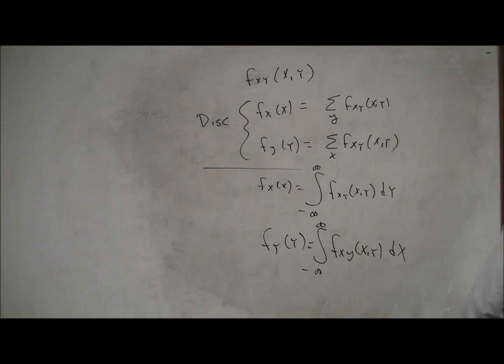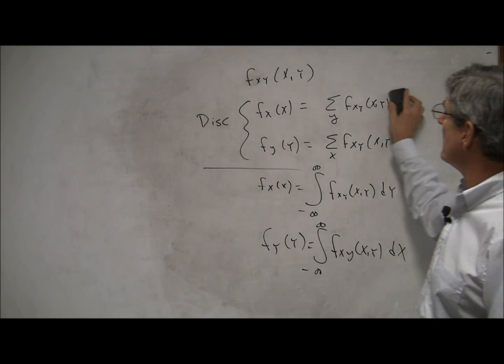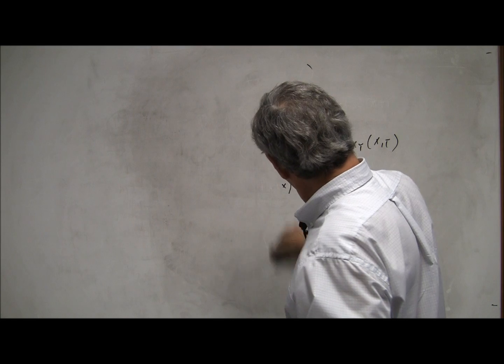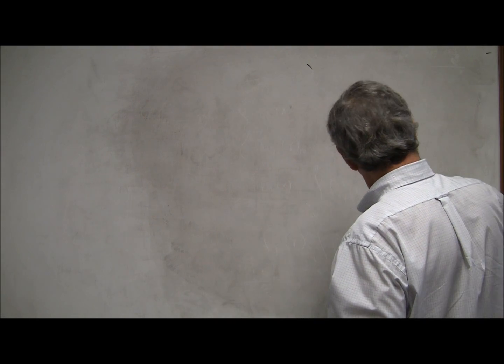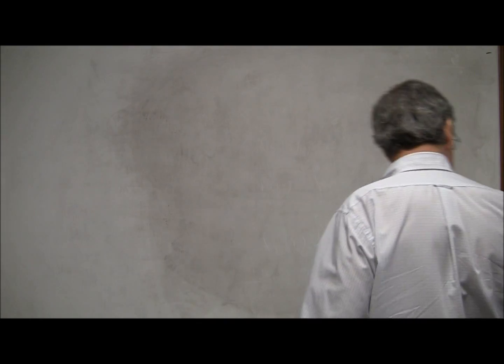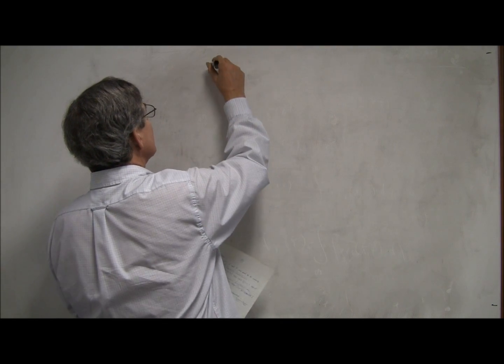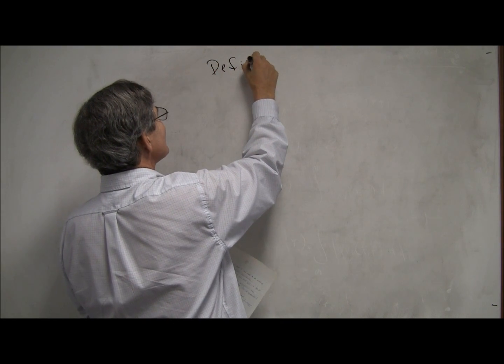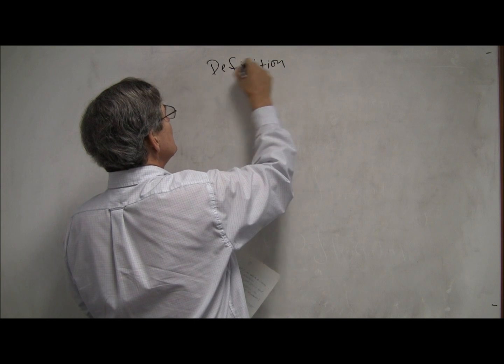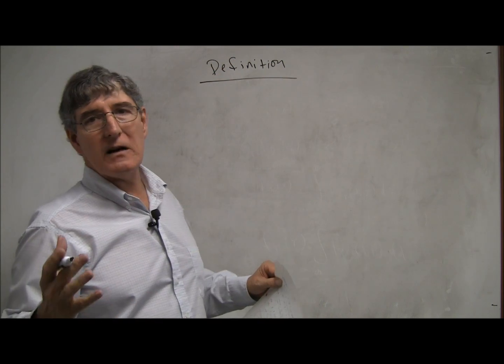Okay, now there's an important way in which the marginal distributions are related to the joint distribution. So let me give you that. This is a definition of independence. We can use this to define when random variables are independent.